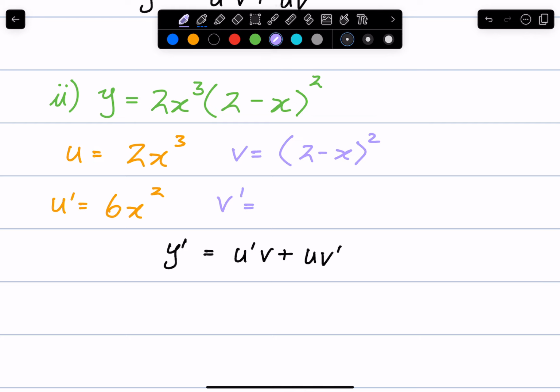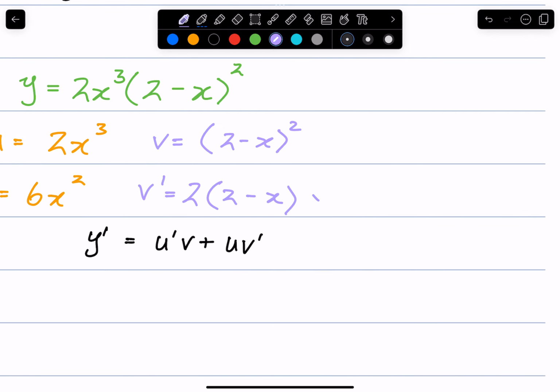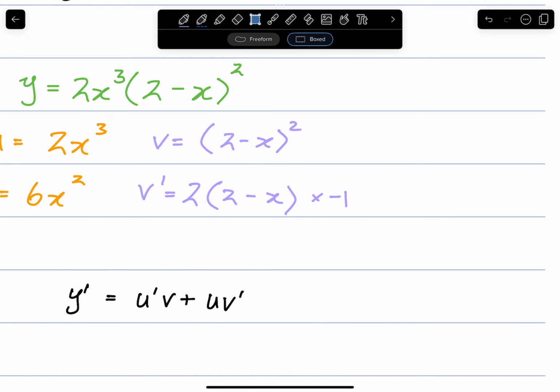For v prime, the inside function remains the same, and this needs to multiply by negative 1. So v prime is just negative 2 times 2 minus x.